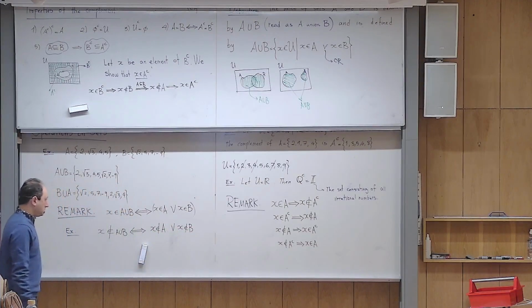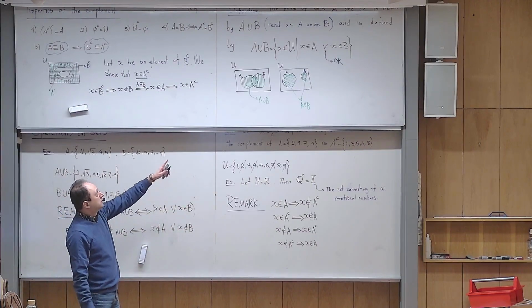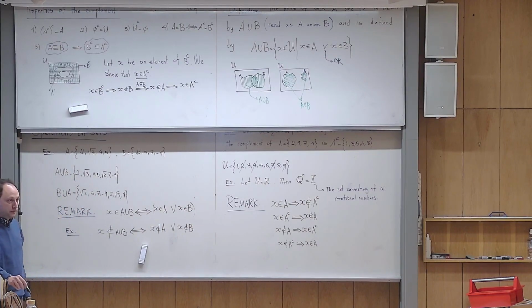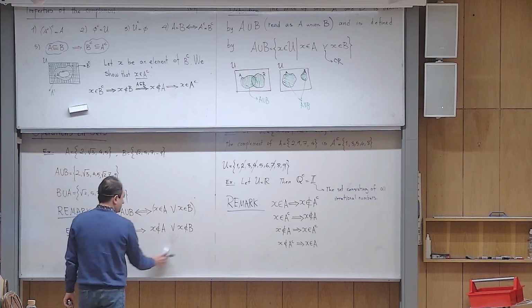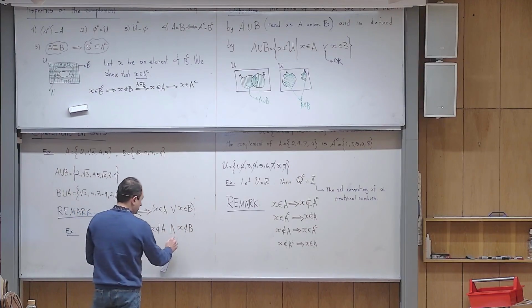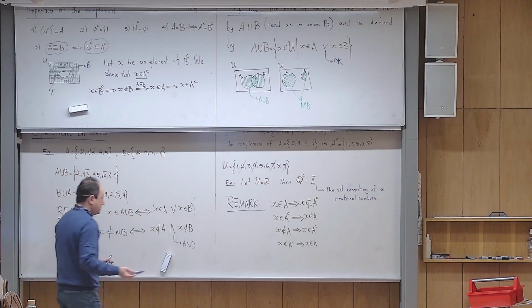No, I said or. This is or. Yes, Aaron? Maybe and. This should be and now. Okay, so that's important. Yes, so that is and. And that is crucial. Don't say that if you write or, that is wrong.